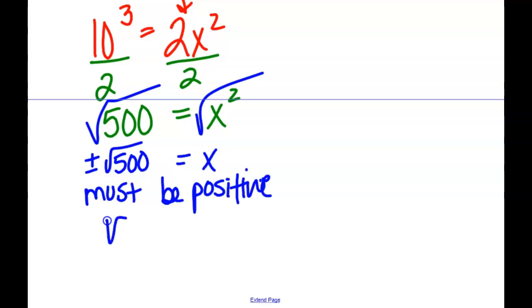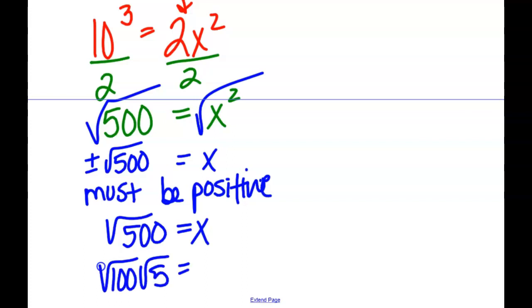But so we have square root of 500 is x. If they made us have an exact solution, simplifying radicals, that would be 10 square roots of 5. Everybody okay with that part? Or if a decimal was okay, if it just said on Delta Math, do the decimal, you could just do square root of 500, which was 22.361.